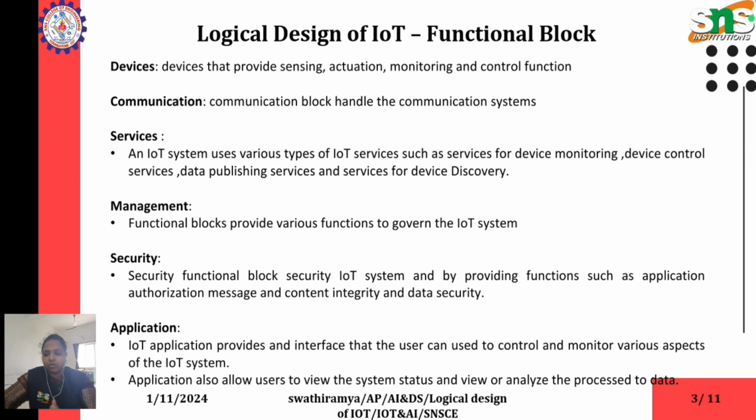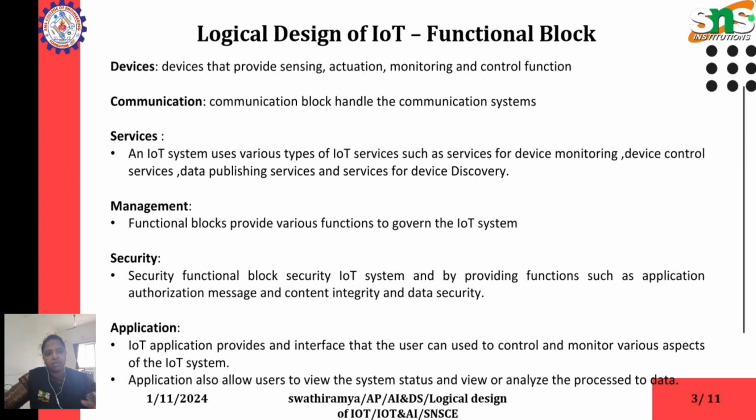Next, going to the services, we have different kinds of services related to the IoT system. The main purpose of IoT is monitoring a real-time environment or a particular place. So we start with the service called device monitoring. Next, the service for device control.